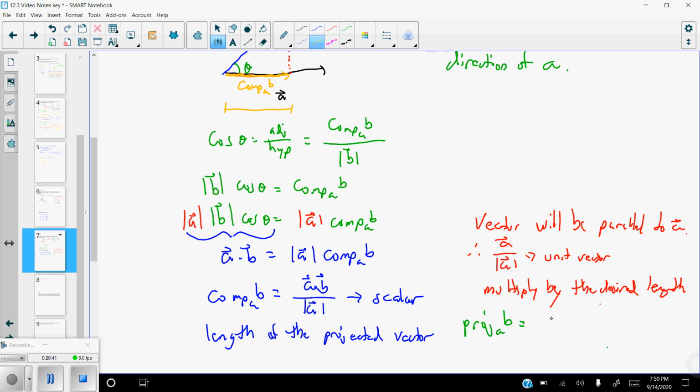So the component was A dot B over magnitude A. And then we multiply it by the unit vector, which is A divided by magnitude A. And of course that can be shortened, because the magnitude of A times the magnitude of A is just the magnitude of A squared.